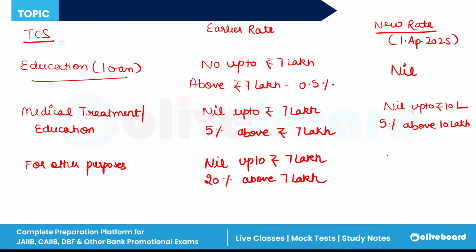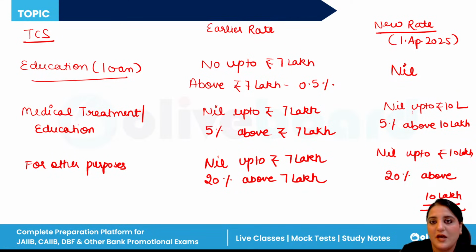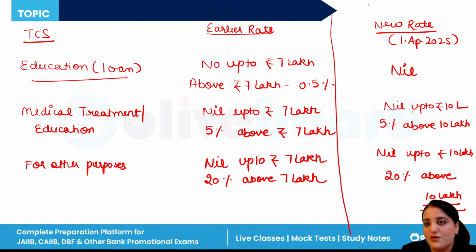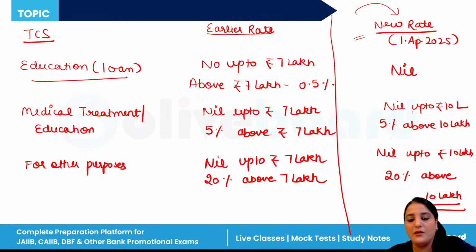And for other purposes, again nil up to rupees 10 lakh and 20% above 10 lakh, right? So this is the earlier rate and this is the new rate. So you have to solve all the things according to this rate. Clear? So this thing is important. Okay.